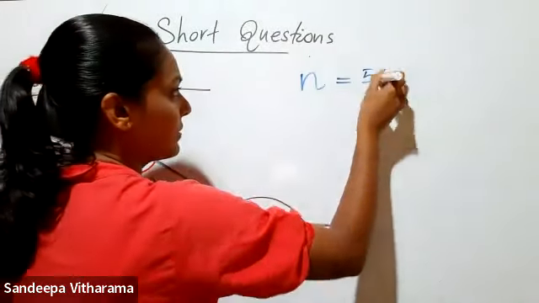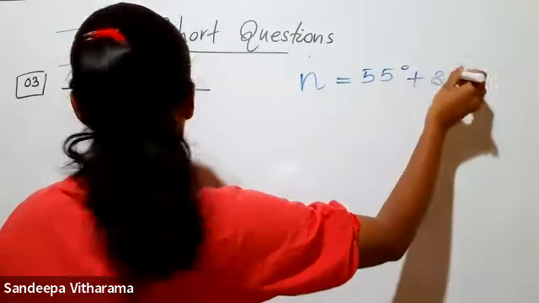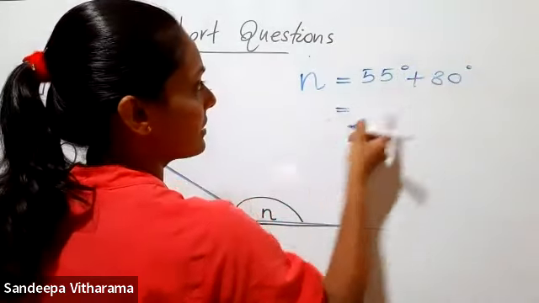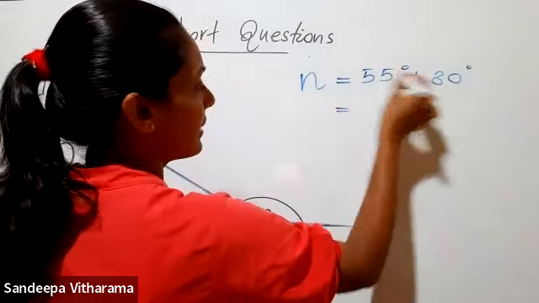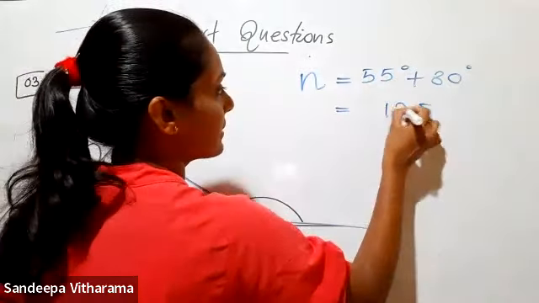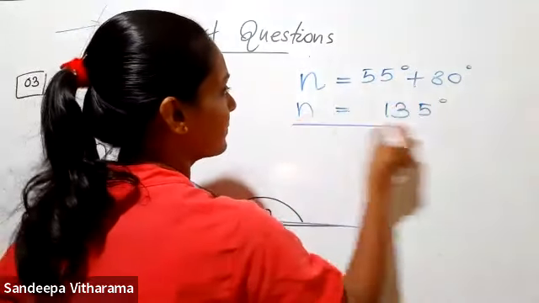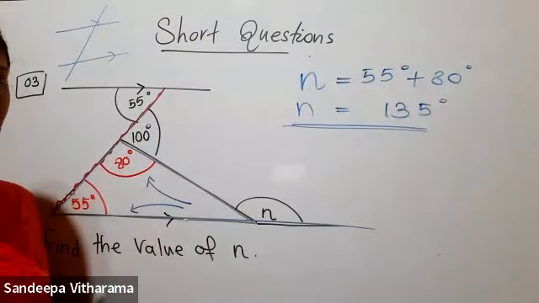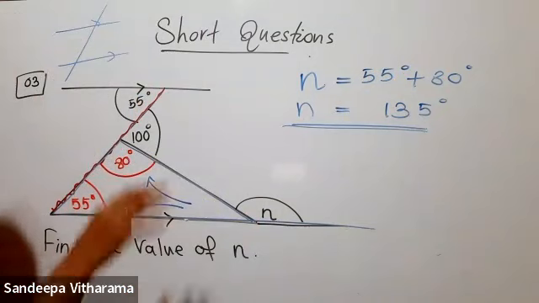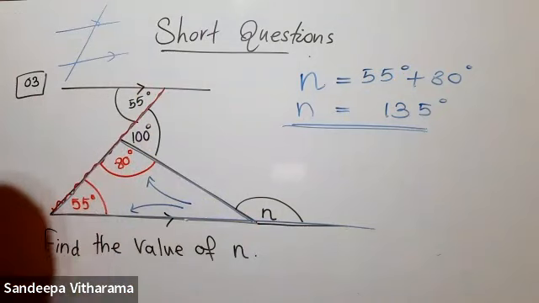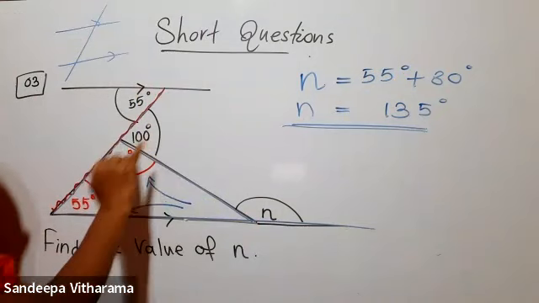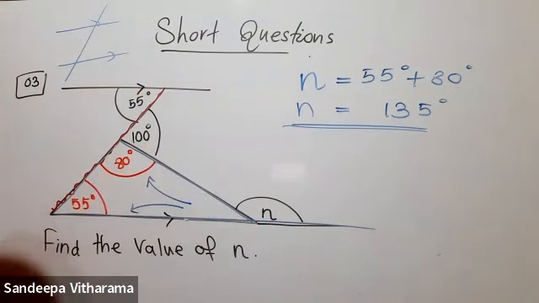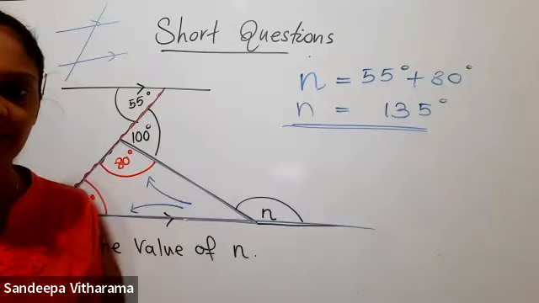Then 55 plus 50, sorry, 80. Then it is equal to 5. 8 plus 5, it is 135. Then this is enough. This is a 2 marks question. Now, no need to write that these two are equal because of alternate angles. This is 80 because they are the sum of the angles on a straight line segment.